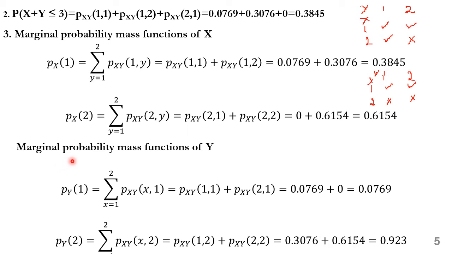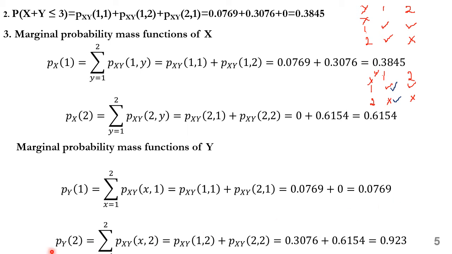Let us try to find out the marginal probability mass function of y. If you consider the table, you need to consider these two values. This value and this value will give you Py of 1. So Py of 1 is 0.0769 plus 0, that is 0.0769.